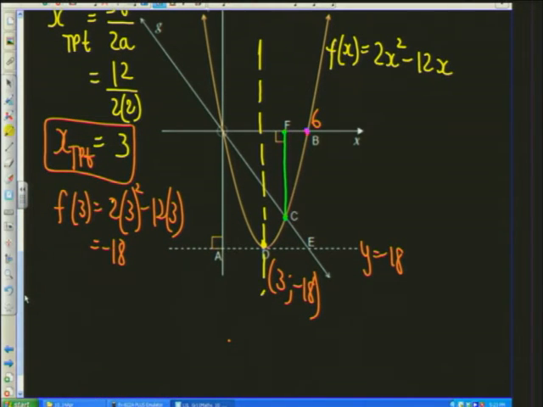So we know that the y value is 10, but what is the coordinate? What is the y coordinate of C if I'm coming down into this quadrant? My y value in this quadrant is negative. So they've given me the distance as positive, but the coordinate is actually negative.